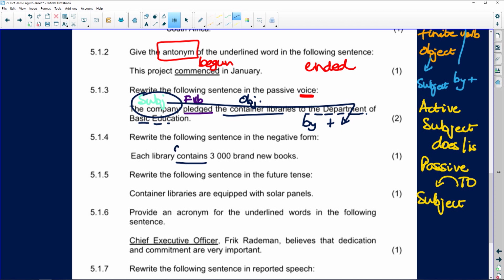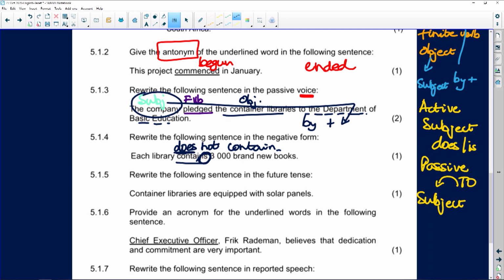Each library does not contain. So watch it. This S drops off because now the present is in the does, not in the contains. If you put an S there, it's wrong.